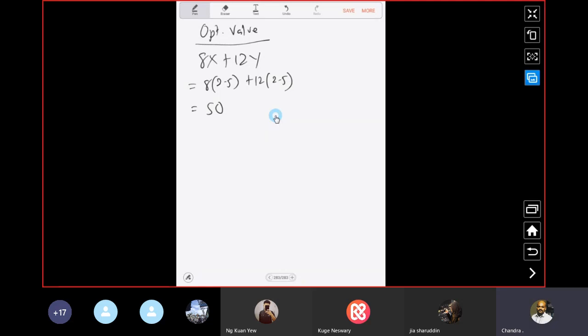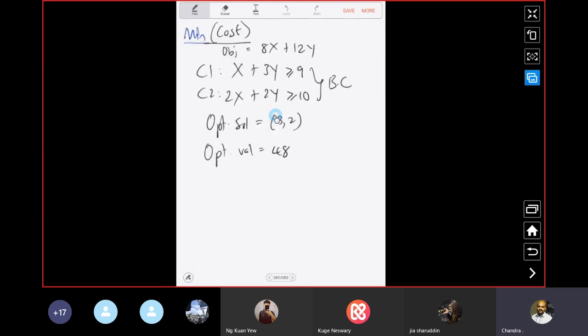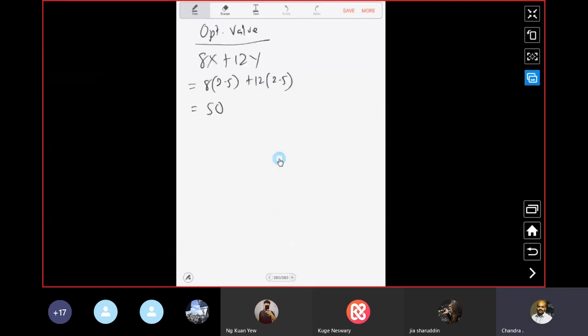Now you tell me, original was 48. Remember, this is cost. As a businessman, would you be happy if the costs go higher? No, isn't it? Cost means it must reduce. It shouldn't go higher.